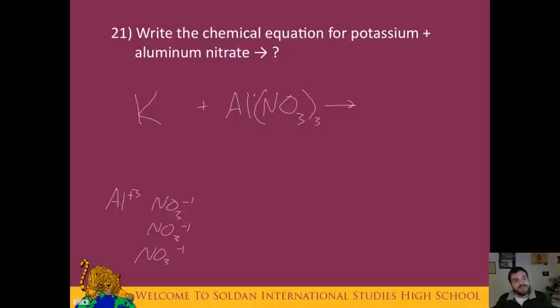Now this is an element, that's a compound, so this is going to be a single replacement. Potassium is now going to be with nitrate, and aluminum is going to be displaced. So let's polish this up now. Potassium nitrate, potassium's a +1, nitrate's a -1, so that's good. Aluminum is not a diatomic, so we're good here.